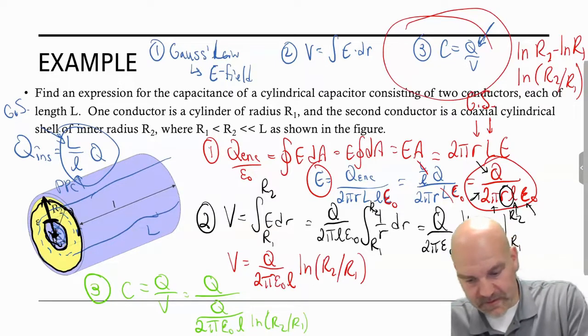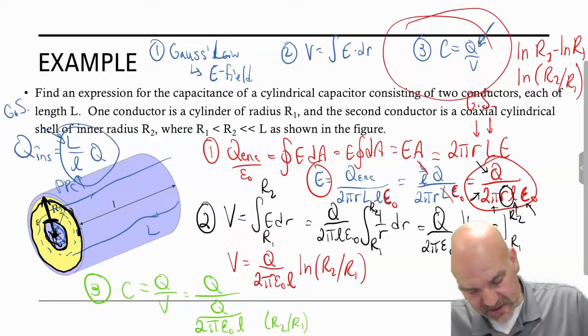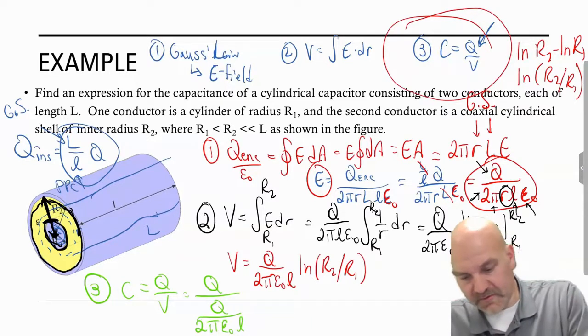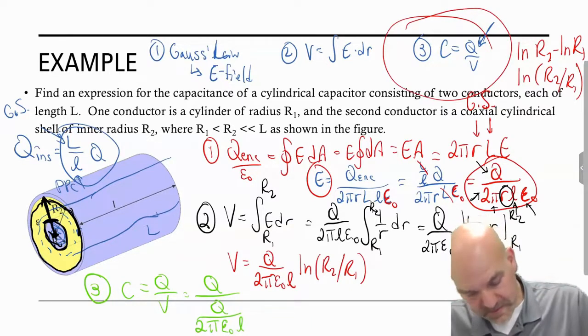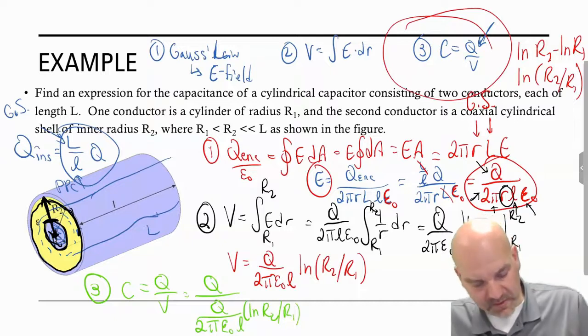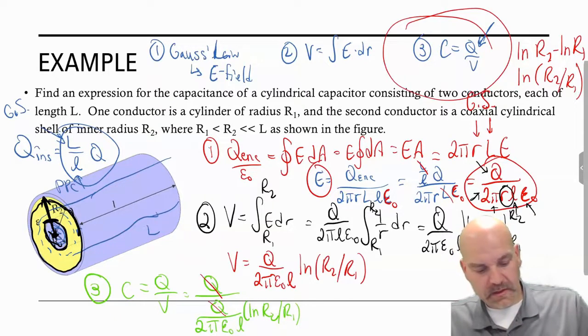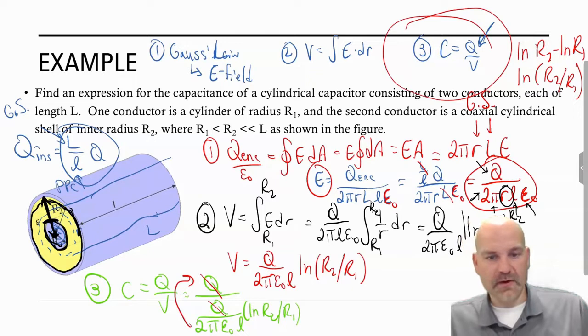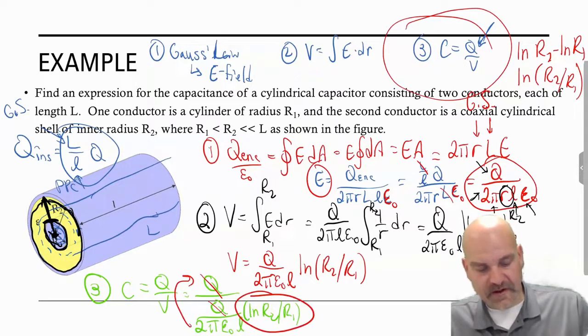Okay, so this last part is actually times, it's not in the denominator with the 2 pi epsilon naught L. And so I can do algebra. Q goes away. This goes up into the numerator, and this stays in the denominator.